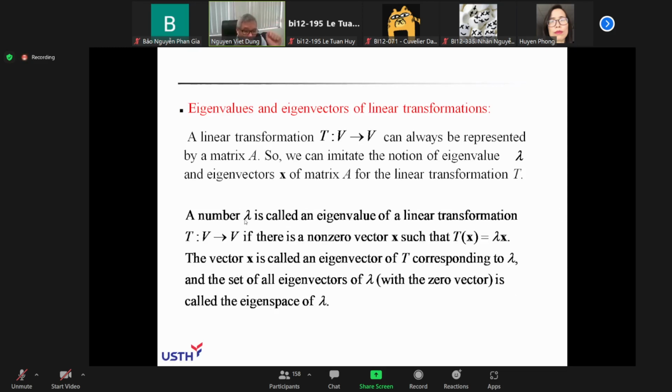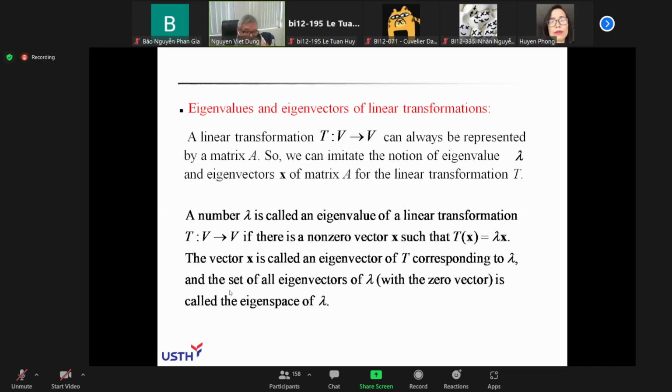A number lambda will be called an eigenvalue of the linear transformation T from V to V if we can find a non-zero vector x of V so that T of x equals lambda times x. In that case, x will be called an eigenvector of T corresponding to the eigenvalue lambda.